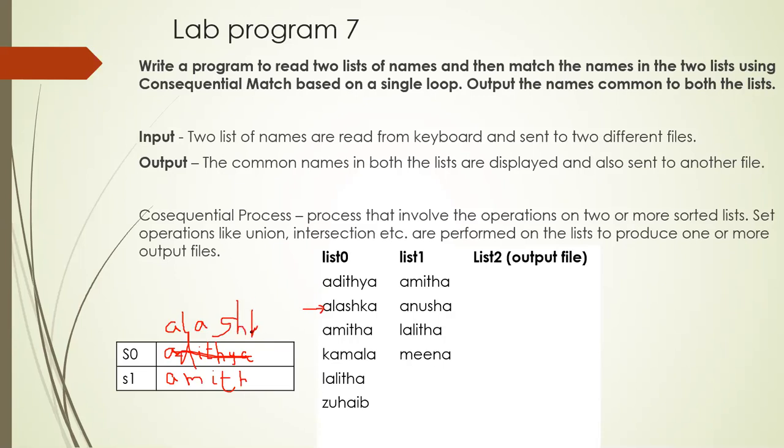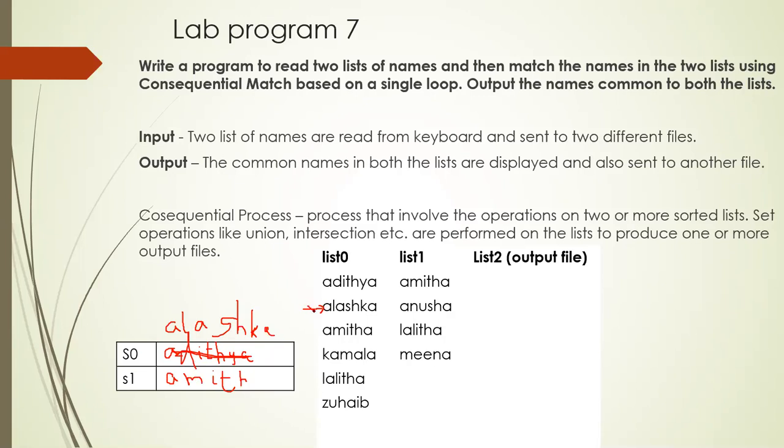Now compare the two strings again. AL, this is AM, so AL is less than AM, correct? A and A, the first characters, are the same, whereas L is less than M, so S0 is less than S1. Whichever string is the smaller one, increment that pointer.